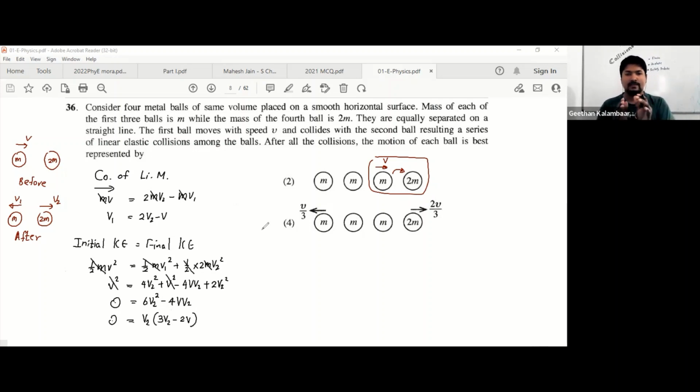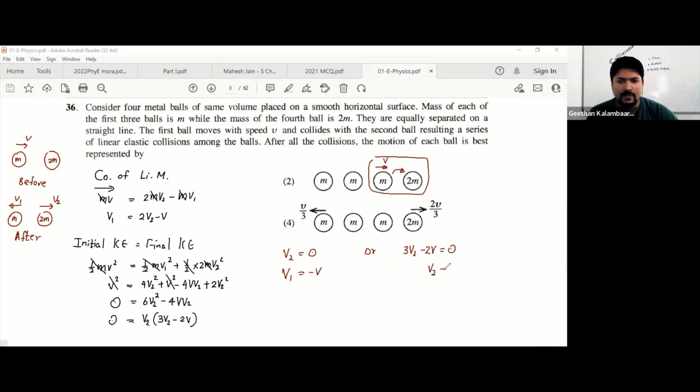So here is again something like a into b is equal to 0. So either a has to be 0 or b has to be 0 or both have to be 0. So one answer is that v2 is equal to 0, or 3v2 minus 2v equal to 0. If v2 is equal to 0, v1 is equal to minus v.